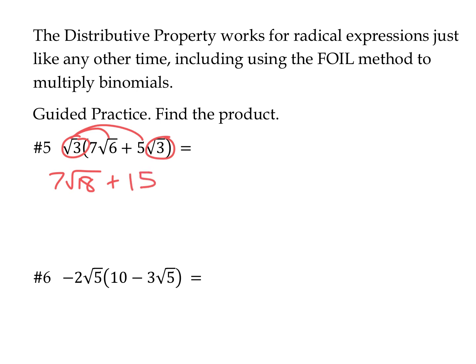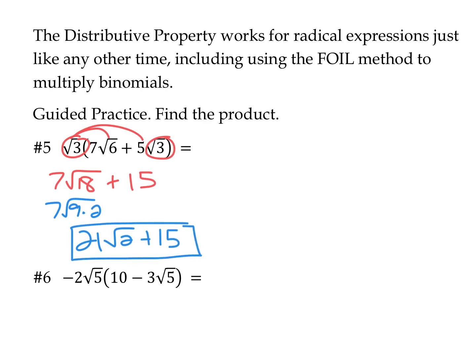Anytime you multiply a radical by itself, you will get that number. 5 times square root of 3 times square root of 3 is 3, so 5 times 3 gives me the 15. And now I need to simplify the 7 root 18, that's 7, and then 9 times 2. So that's going to be 21 root 2 plus 15. And that can't be simplified any further. Those are not like terms or like radicals to be able to add or subtract from one another. So I'd have 21 root 2 plus 15.